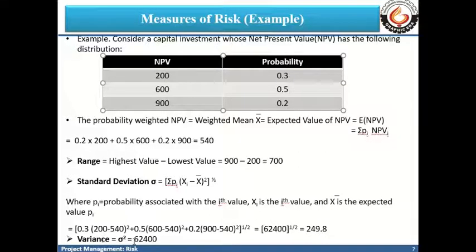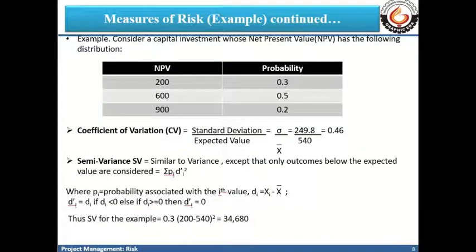Now variance is given by the square of the standard deviation. So sigma square is equal to 62400 for this particular example. Continuing with more measures of risk, we have the coefficient of variation, or CV in short, which is the ratio of the standard deviation, sigma, to the expected value, the weighted mean x bar.